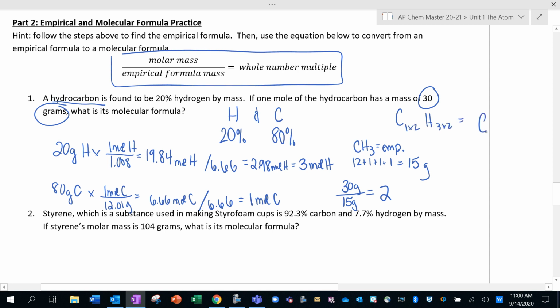So it is C2H6. So we just double everything. So notice how it still matches the 1-to-3 ratio, and then if you add up the masses in here, you'd have 12 plus 12 plus 6. The masses add up to 30. So that's how you solve this type of problem.